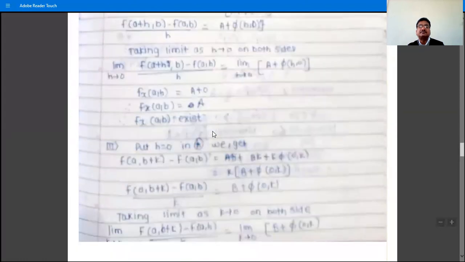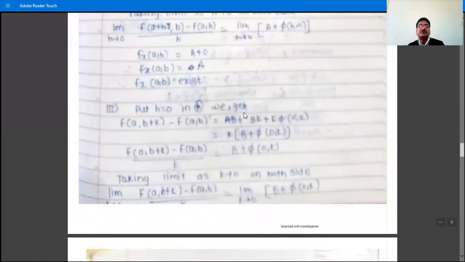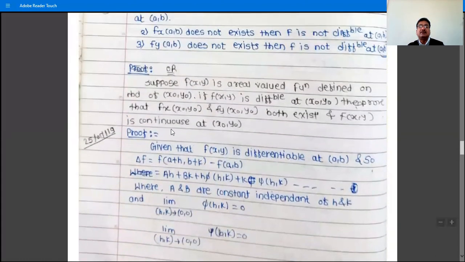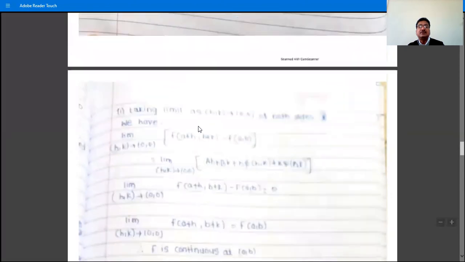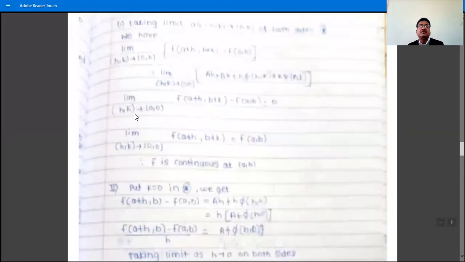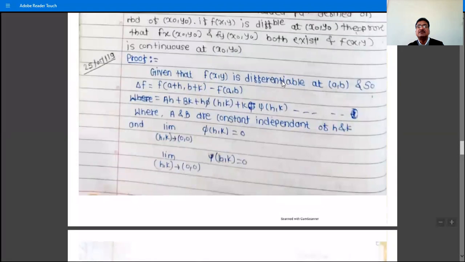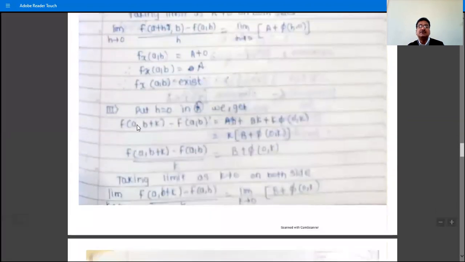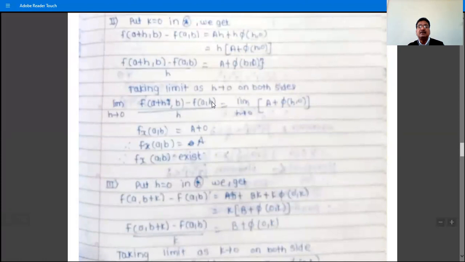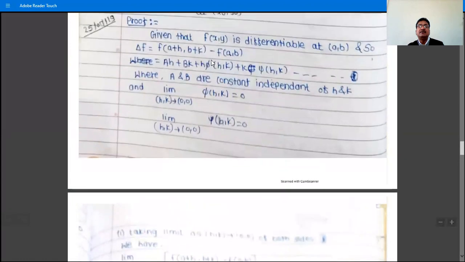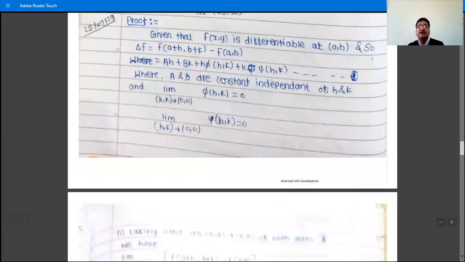So we have to show now that the partial derivative f_x(a,b) exists. For that, substitute k as 0 in equation star. What we have: f(a plus h, b plus 0) minus f(a,b), that is f(a plus h, b) minus f(a,b), is equal to capital A times h.